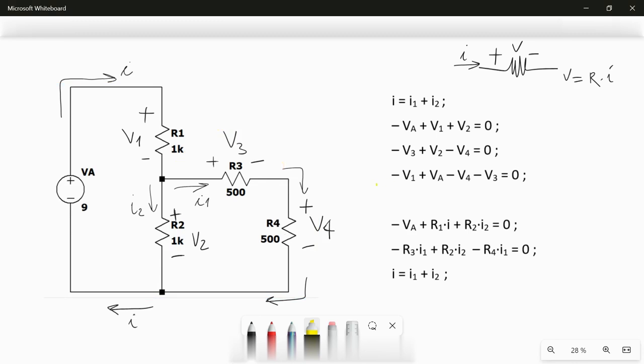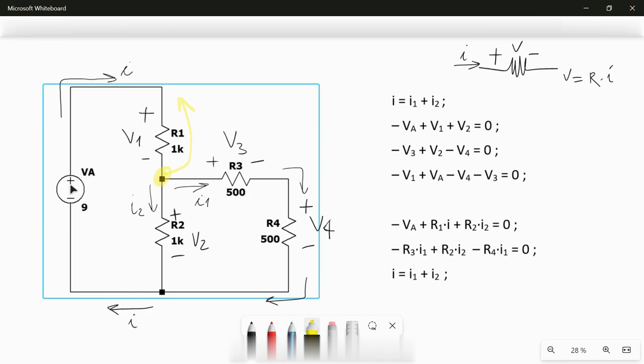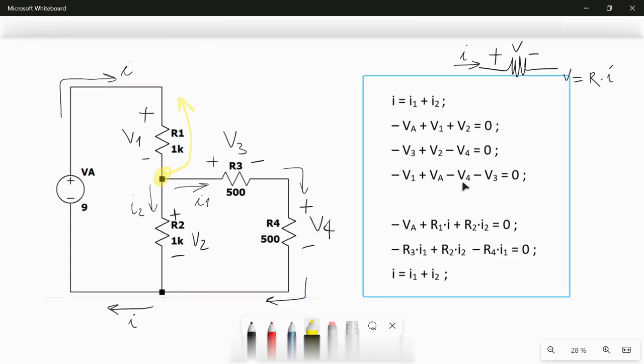And now I go to mesh number 3, the big one. So I start from a random point, for example from here, and I decide to go this way. So I first find V1 with the minus sign first. So I write minus V1. Then the turn is of VA with the plus sign first. So I will put plus VA. And I continue the big mesh. So I find now V4, so I put minus V4.